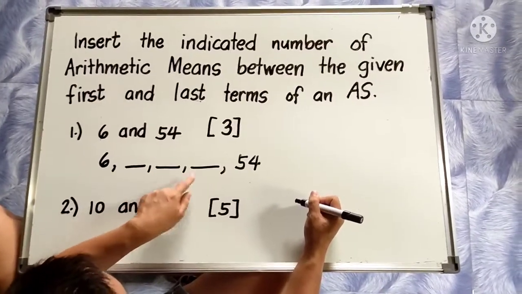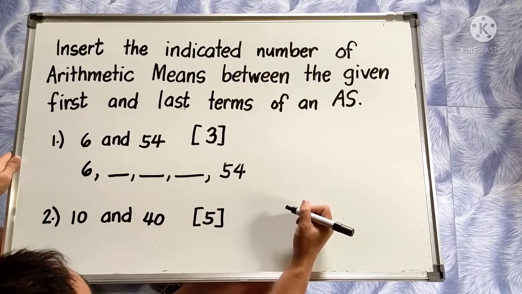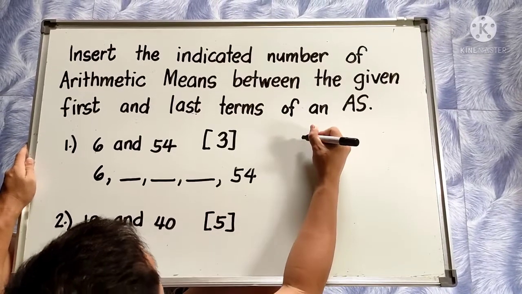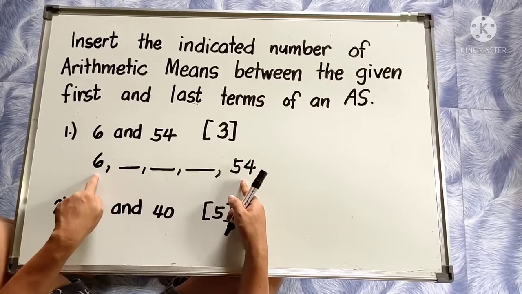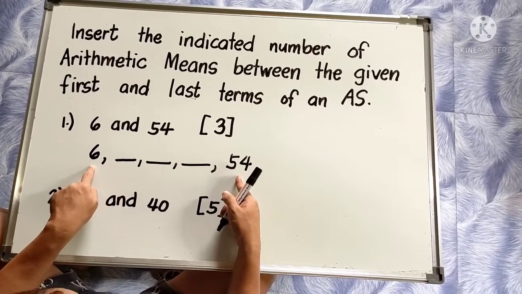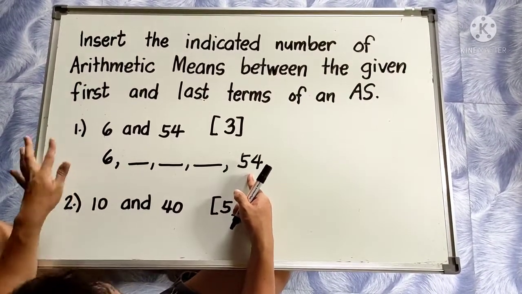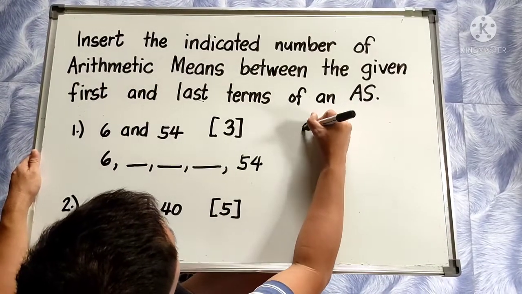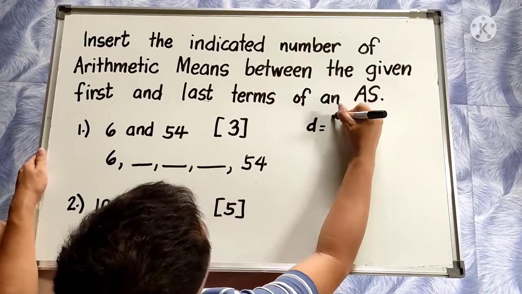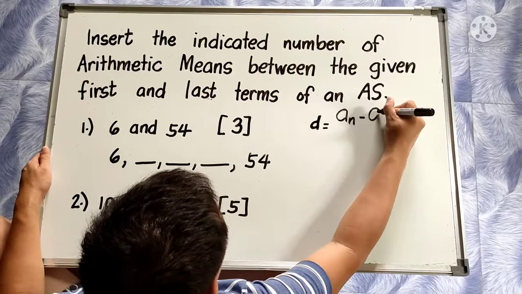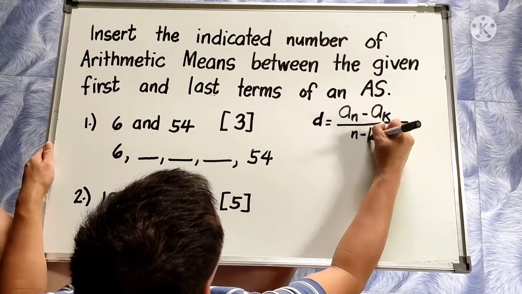Now, to be able to determine the arithmetic means in between the two terms, it's very important that we know the common difference. But in this case, you cannot subtract 54 and 6. Why? Because they are not consecutive. So you cannot subtract them right away. In this case, we will be using this formula for the common difference. D is equal to A sub n minus A sub k all over n minus k.